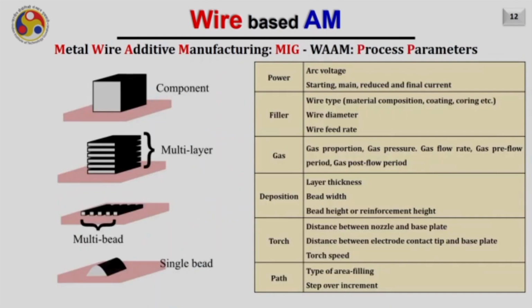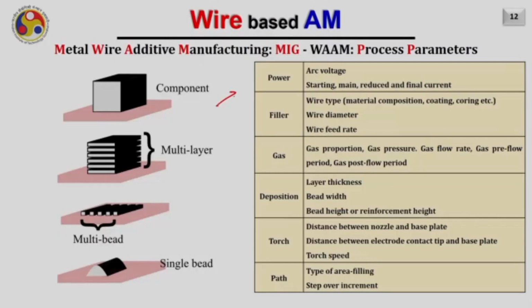The typical process parameters affecting the wire arc additive manufacturing process are listed here on this slide. The first one is the power. The power is governed by the arc voltage and the starting, main, reduced and final current. So voltage and current are the two parameters governing the power input to the substrate.